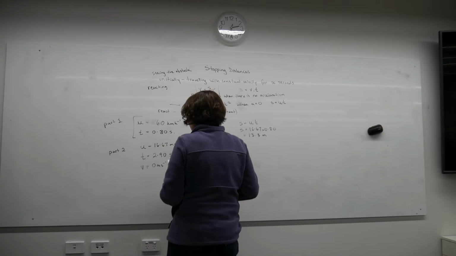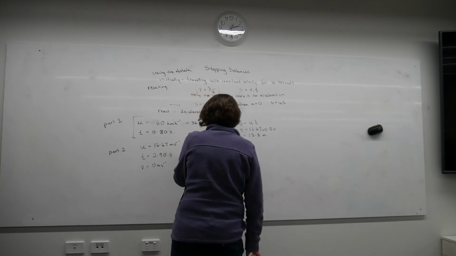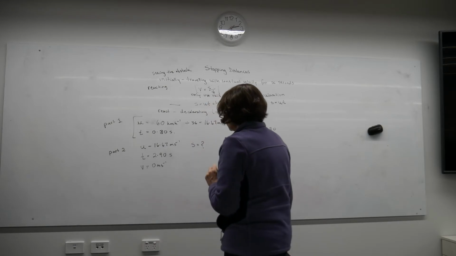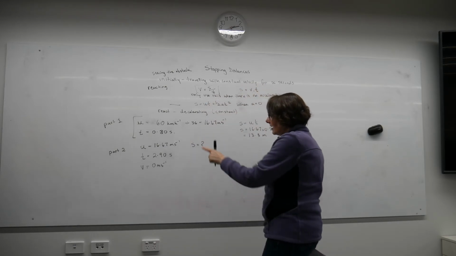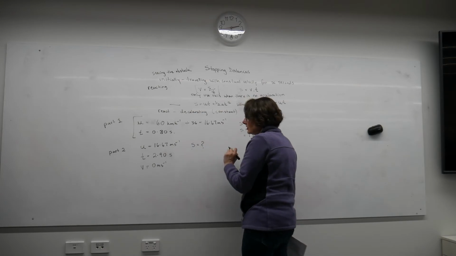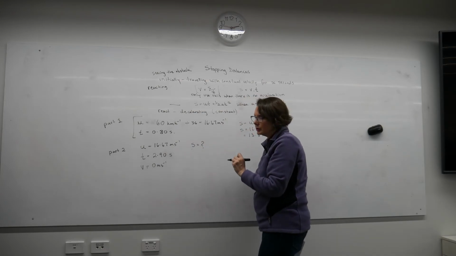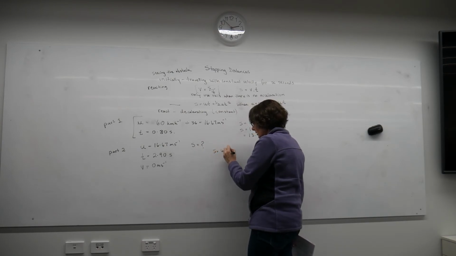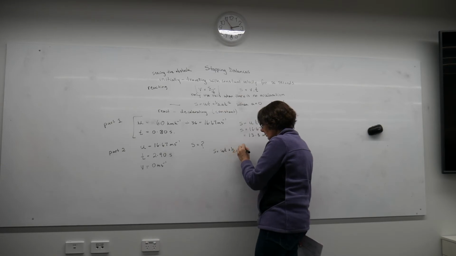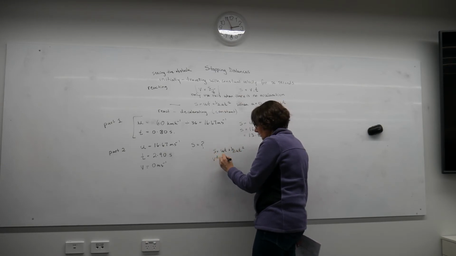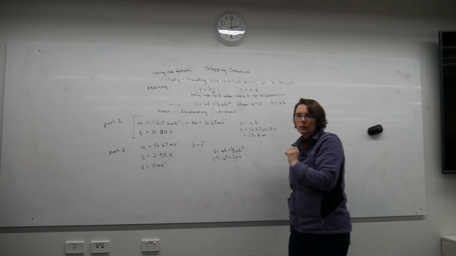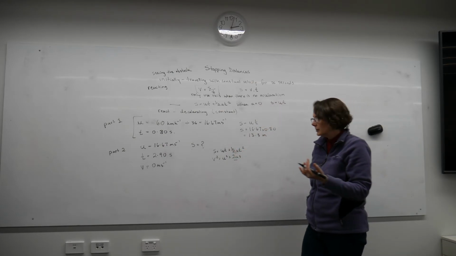We want to know how far she went. But we can't find that until we have the acceleration, or the deceleration, because our two equations that have displacement also have acceleration. So we're going to need to find that acceleration first.